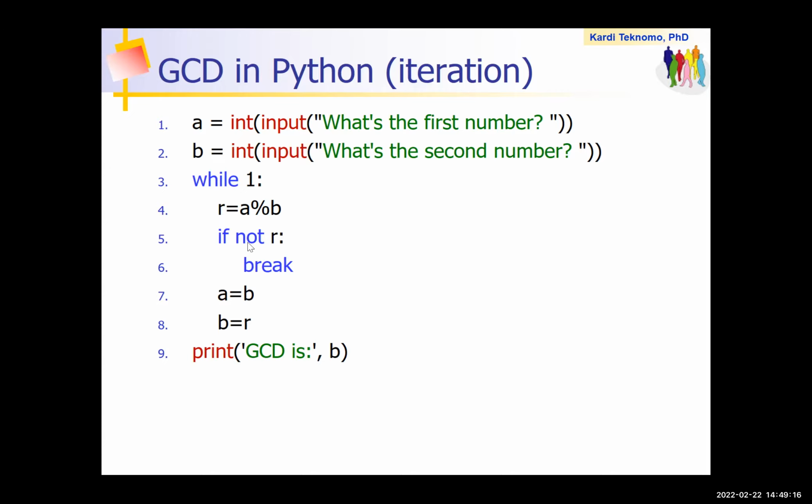So look at the code here. We use a while loop, right? And then it has break. So if not R, what does it mean? R in here can be any number. If R is any number other than 0, it will continue.